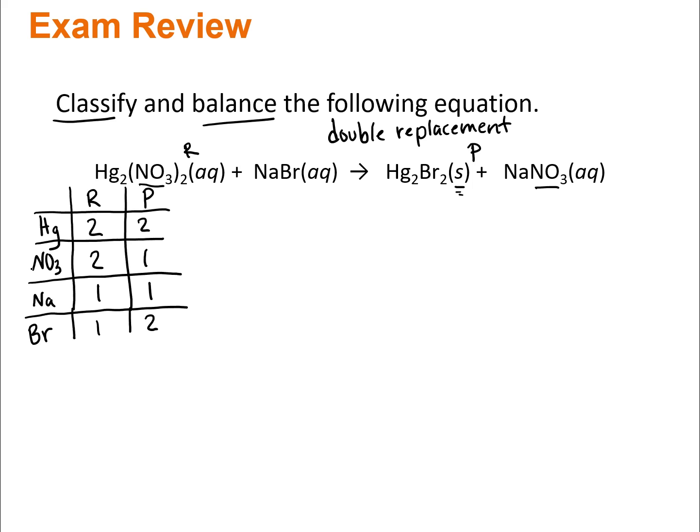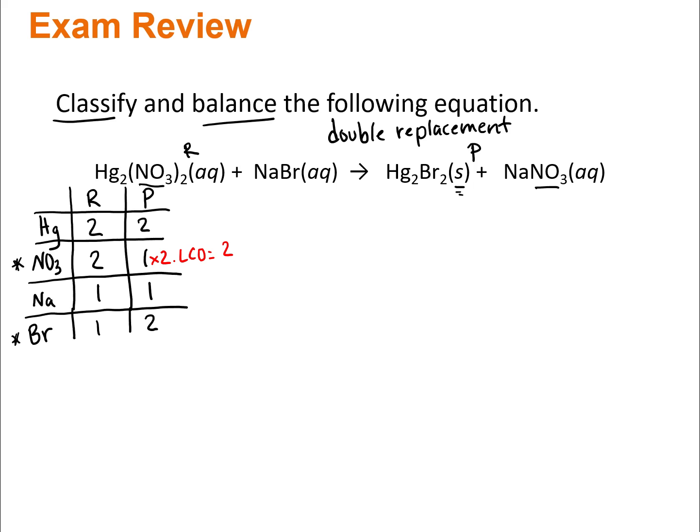We've got to balance the nitrates and the bromine atoms. And as we do that, we may need to balance some other things. Let's start with the nitrates. You find the lowest common denominator between these two, which is 2, and then you multiply as needed.